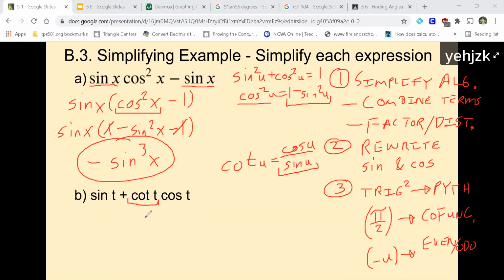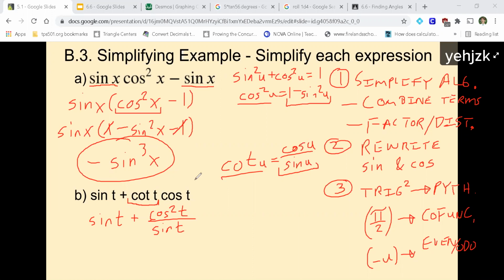So if I plug this in for cotangent, what we'll get is sine of t plus cosine times cosine, which is cosine squared, over sine.